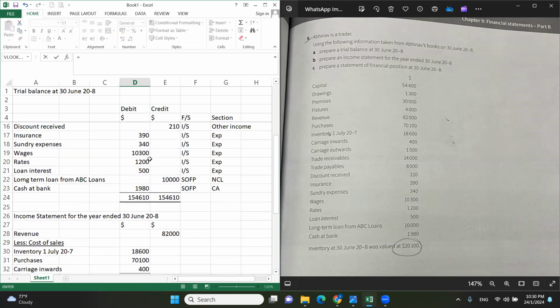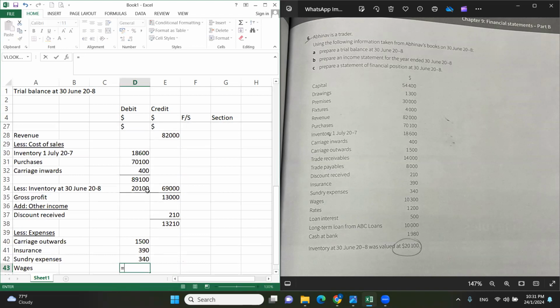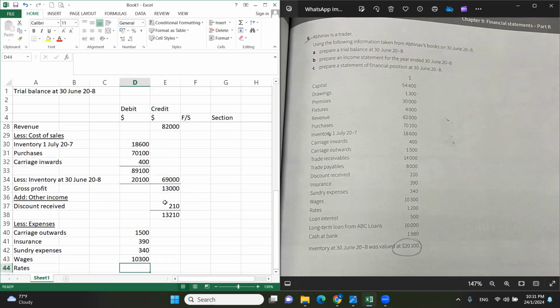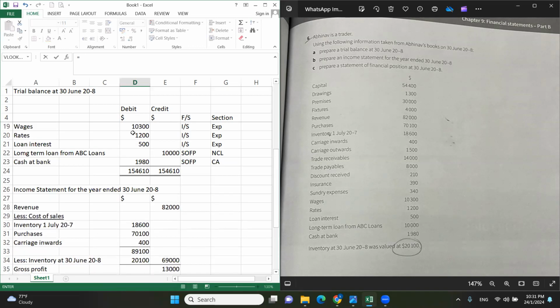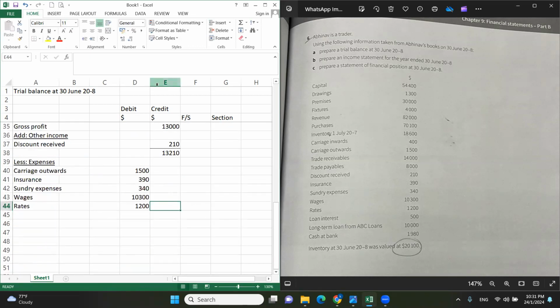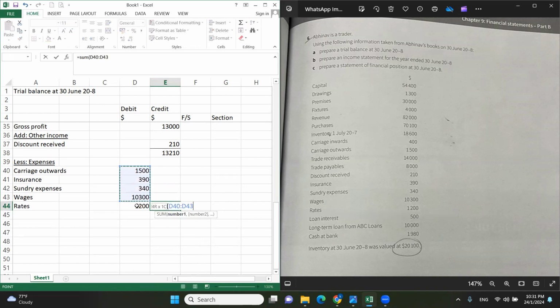Insurance is 3,900. And then sundry expenses is 3,400. And then wages is 1,000. Okay, and then rate is 1,002. So all this one you add the subtotal for the expenses.